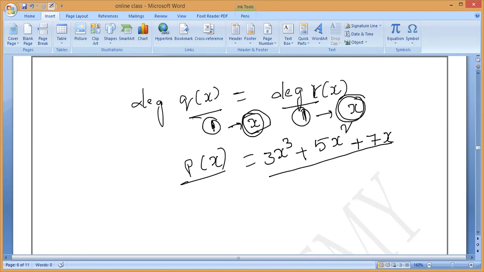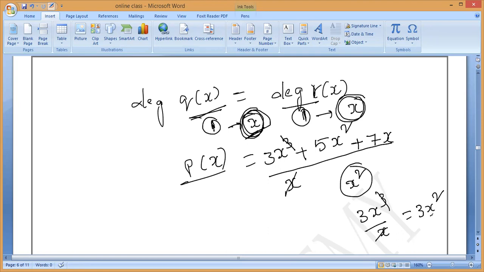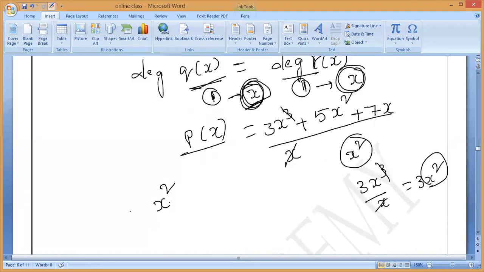When we get x term quotient, this term divided by x, it is x square, correct? 3x by x is x square. So take the divisor in terms of x square. Do you understand? Yes, ma'am. Solve that example now.